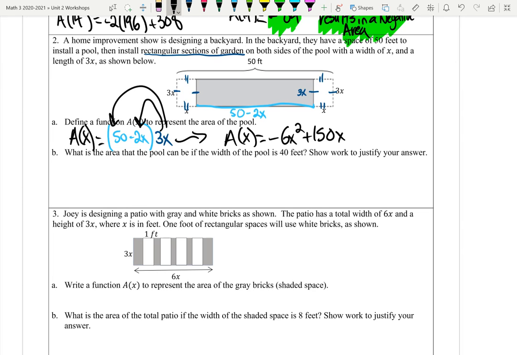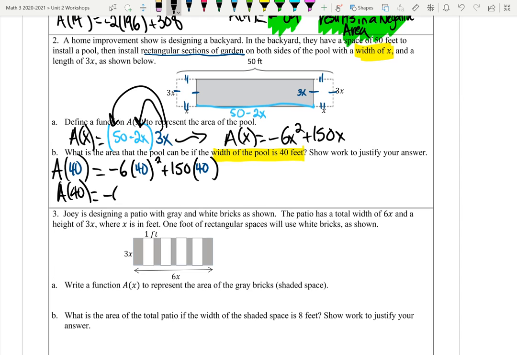Again, now I'm going to plug in that the width of the pool is 40 feet. Width is x, so this is basically saying, plug in 40 for all x's. Okay, I'm going to start solving.